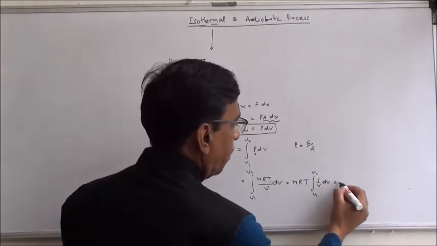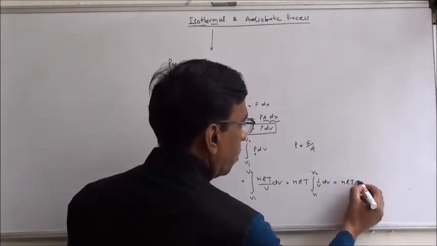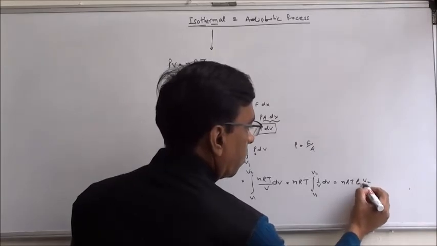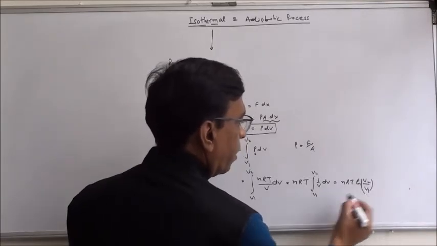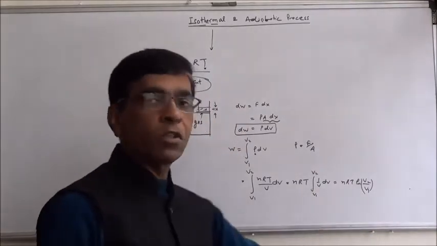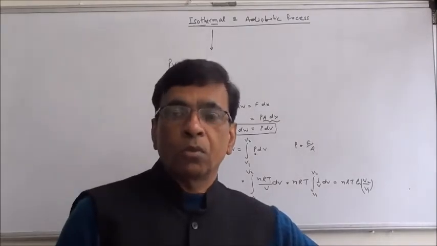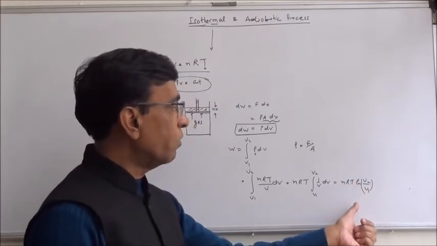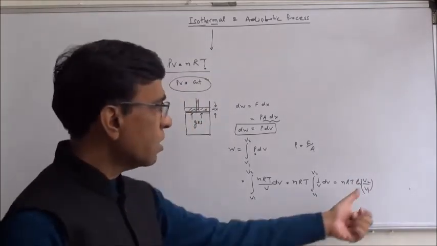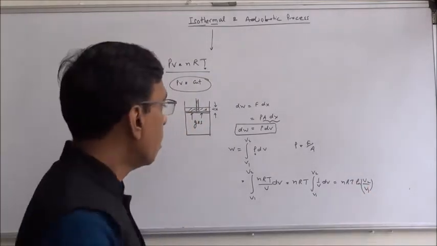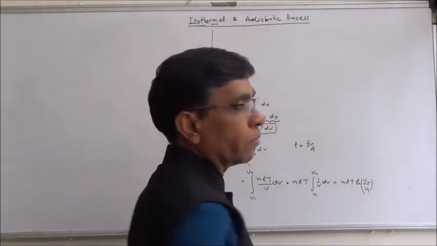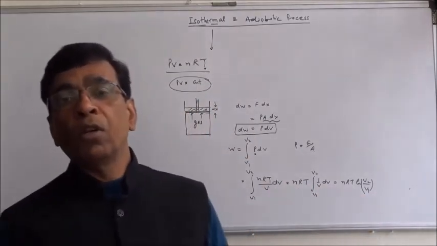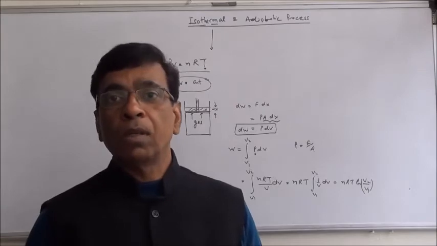And 1 by V dV is natural log V, and then the limits of integration. So log V2 minus log V1, it becomes log V2 by V1. This is natural log, so base e. So this is the work done by the system during isothermal process.